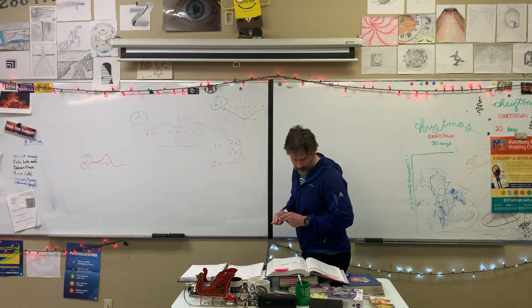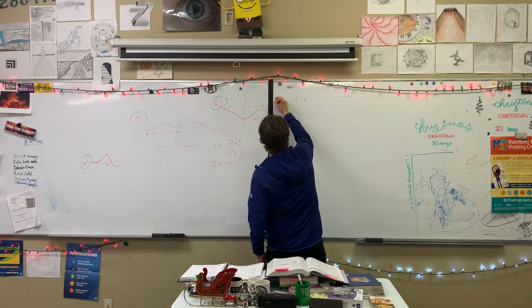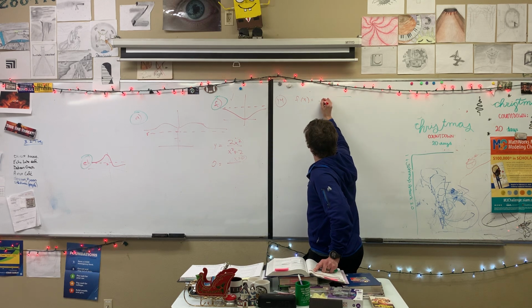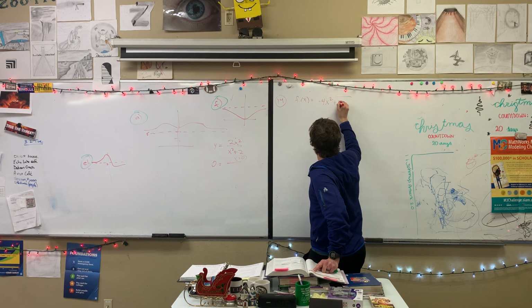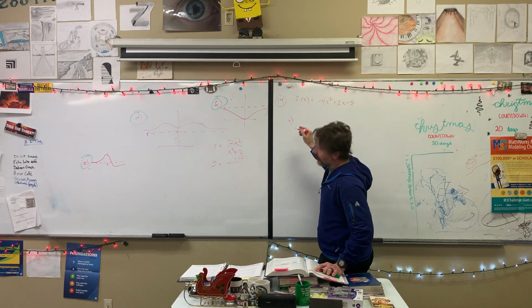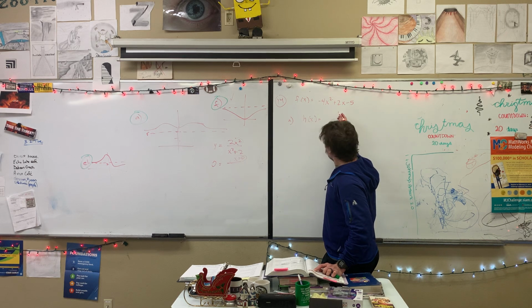14 states for us f of x is equal to negative 4x squared plus 2x minus 5. Okay, and then for part A, they say h of x is equal to f of x over x.